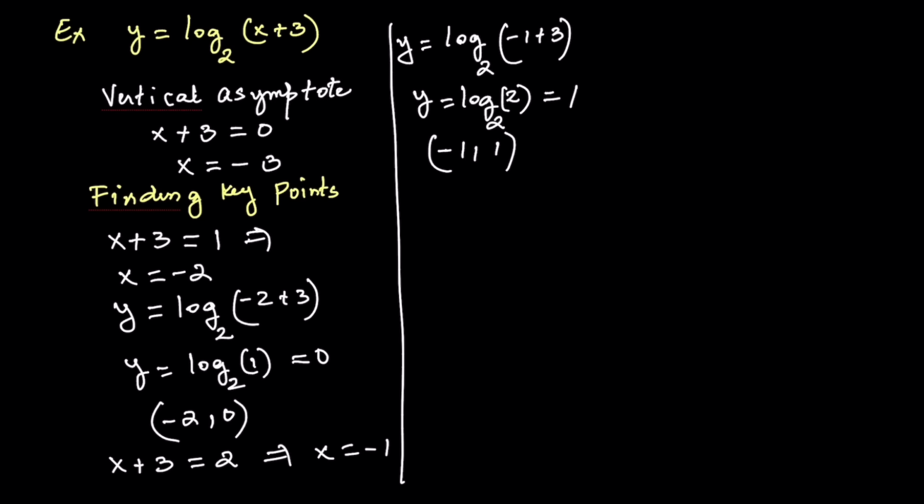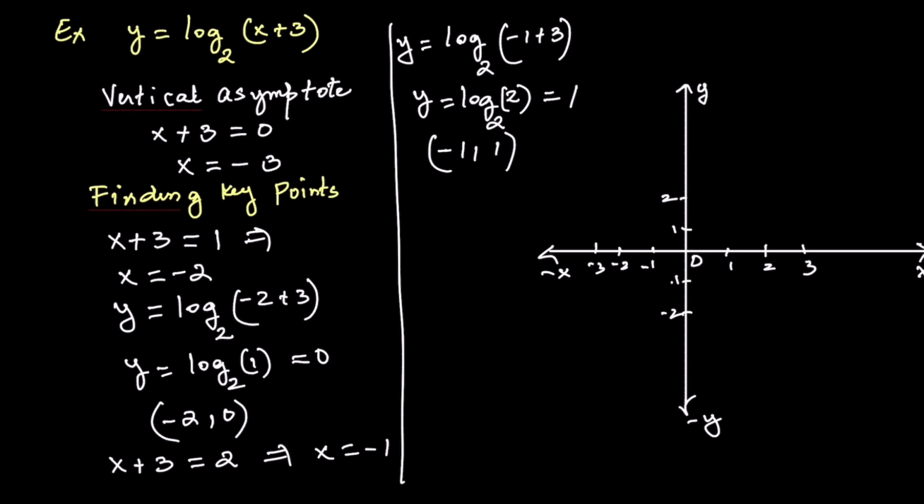Let's do the graph by drawing the vertical asymptote, x equals negative 3, first. Then plot the points negative 2, 0 and negative 1, 1. The graph starts in quadrant 3 and moves through quadrant 1, but now it is shifted 3 units to the left.